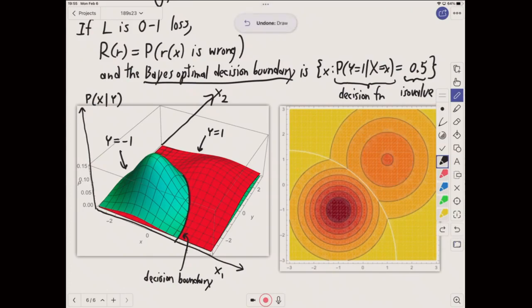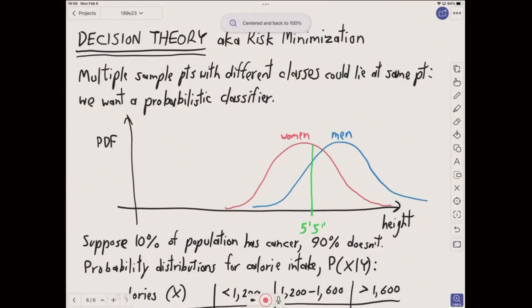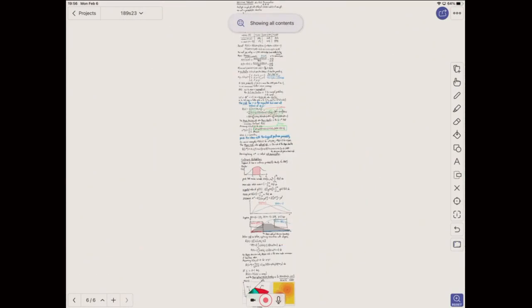And again, you can see the decision boundary here is this white line. And so that's what's implicitly computed by the algorithm that we will learn on Wednesday, which is called LDA. So don't worry yet about how we get these curves. You'll learn that on Wednesday.